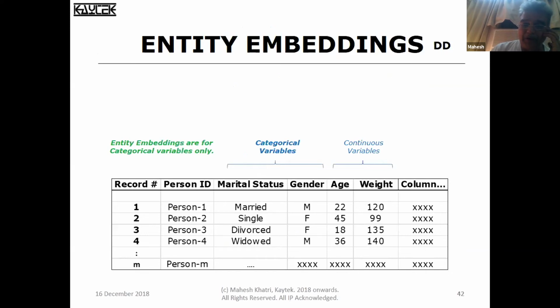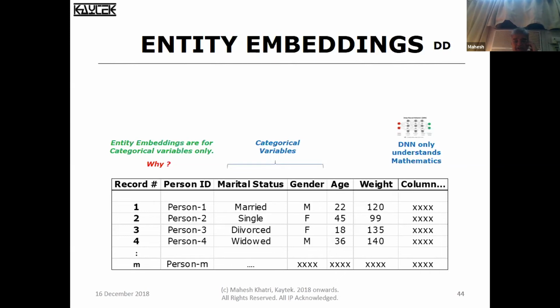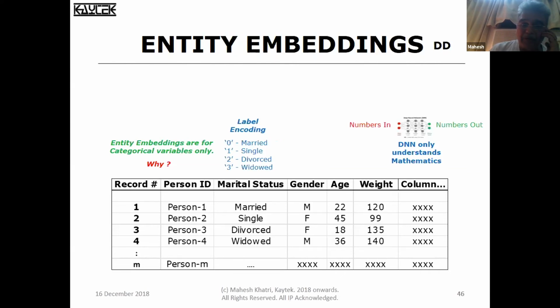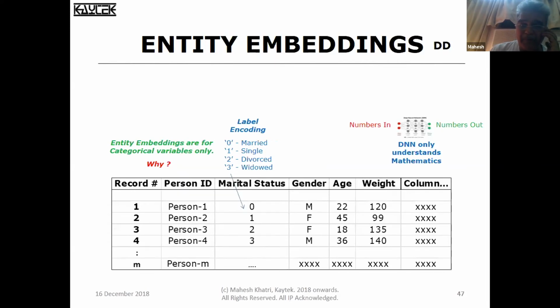Why do we say that? Because essentially my neural network only understands mathematics. It only understands numbers. Numbers go in and numbers come out. The input numbers go in, and your predictions come out in terms of certain numbers. So let's say if I have marital status, I could do simple label encoding as 0, 1, 2, 3.